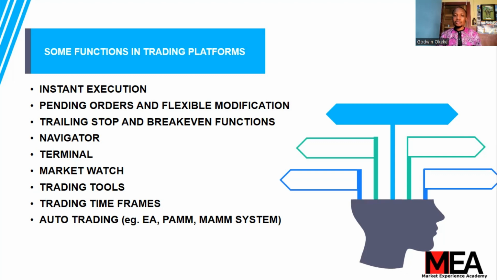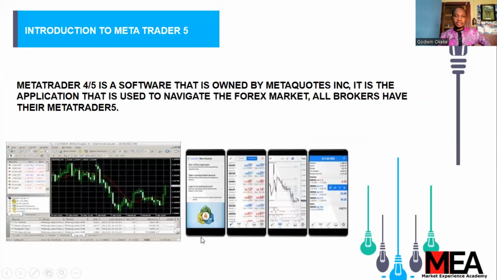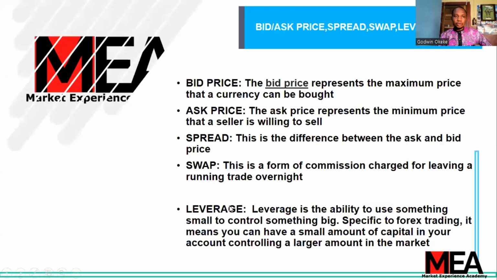They use these robots or expert advisors to give them a seamless way of managing so many accounts, because these applications help them to manage so many accounts simultaneously without any hitches. So I think that's that for our MetaTrader 4 and MetaTrader 5 applications.